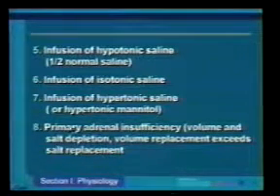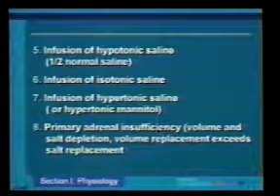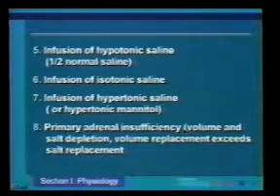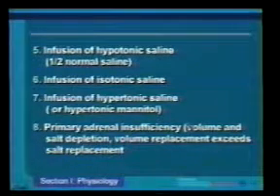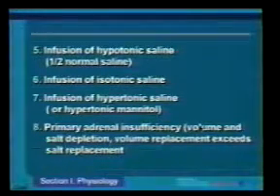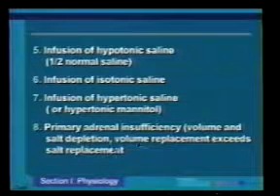Now, the last situation is very unlikely to be tested on step 1, but they could ask you the consequences of primary adrenal insufficiency. Now, with primary adrenal insufficiency, you lose your mineralocorticoid activity. Therefore, you will lose volume and salt. More or less, you lose equal volumes of salt and water, and therefore then it's really an isotonic loss.